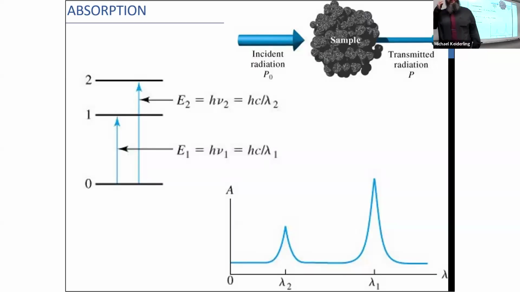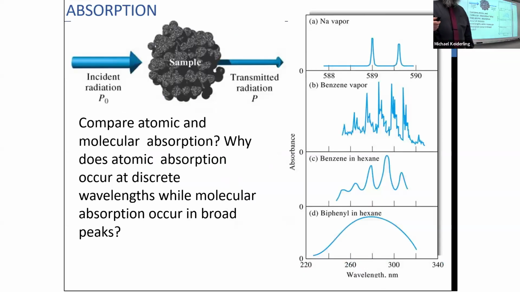So we're talking about absorption. Energy is absorbed. The energy that gets absorbed corresponds to the difference in energy between various energy levels. Atomic absorption tends to be simple. Molecular absorption is more complicated because there's a whole lot more energy levels.